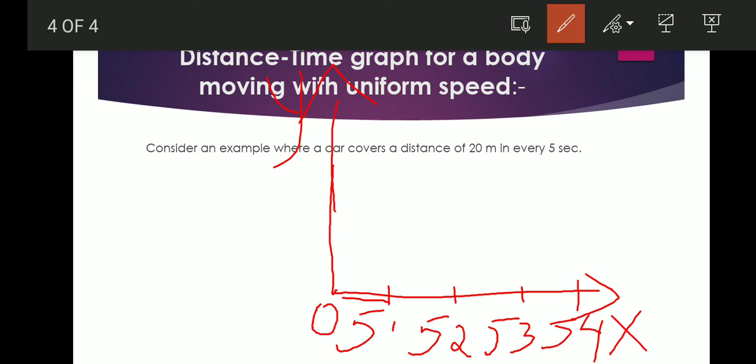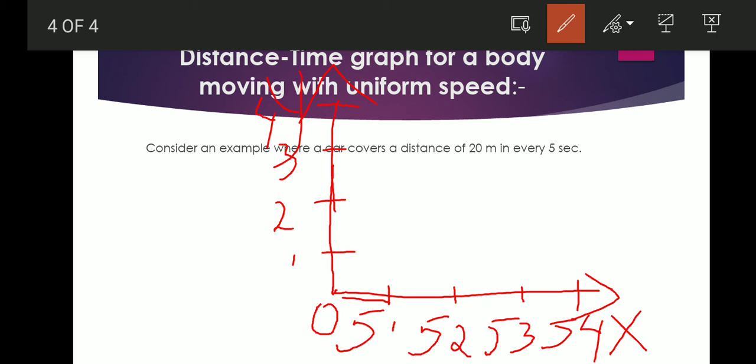Okay, then on your y-axis, your distance here is 20 meters, 20 meters, 20 meters and 20 meters. Let's say 1, 2, 3 and 4. The distance between 0 and 1 is 20 meters. 1 and 2 is also 20 meters, and 2 and 3 also 20 meters.